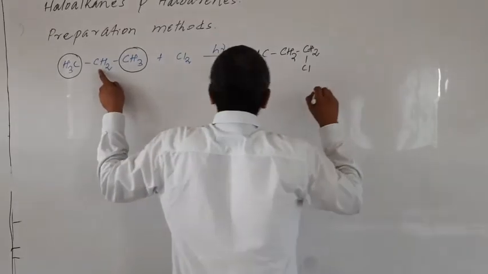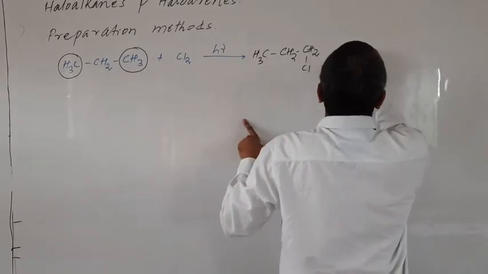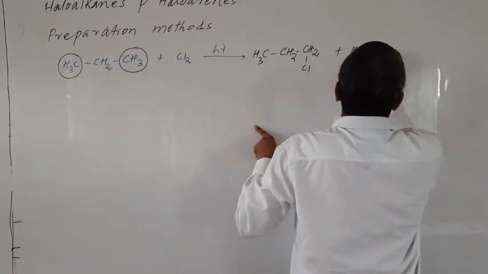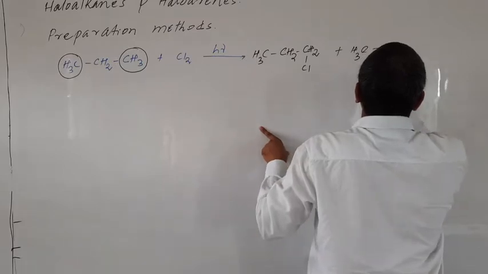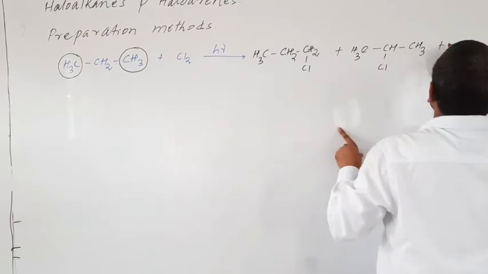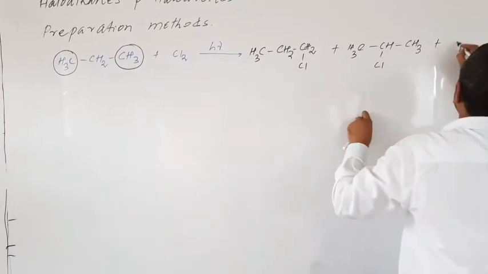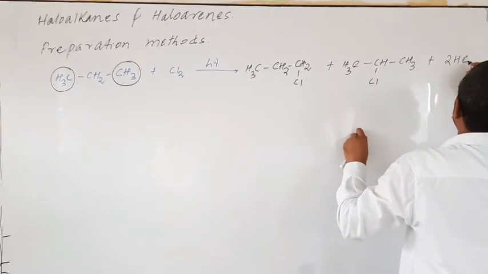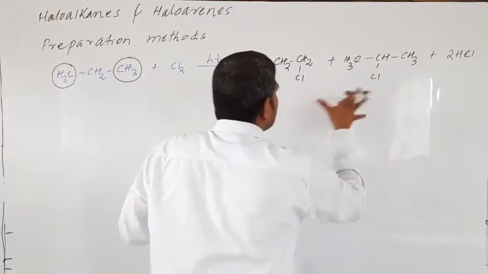If you replace hydrogen from this carbon, the product is CH3CHClCH3, plus totally how many? 2 HCl.